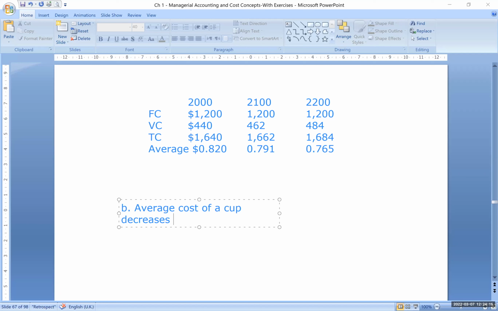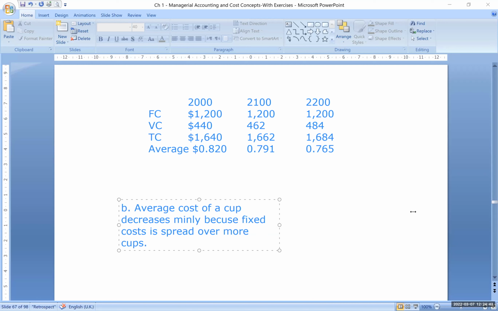Mainly because the fixed costs are spread over more cups of coffee.